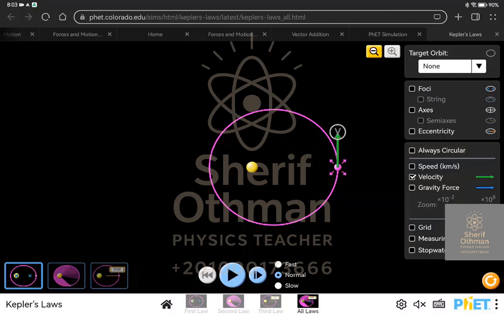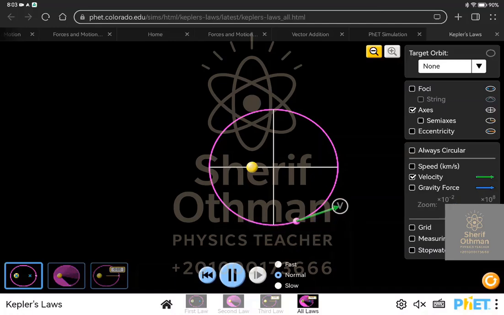which means it has two radii from the sun. One of them is long and the other one is short. As the planet rotates around the sun, the length of the axis differs. The distance between the sun and the planet differs, which makes the planet change its velocity.